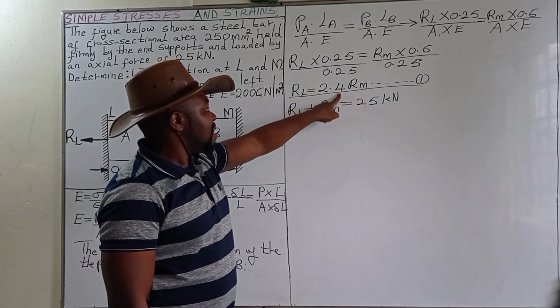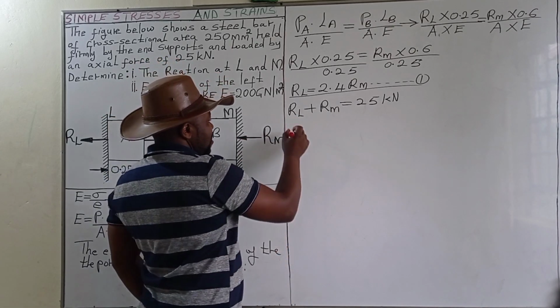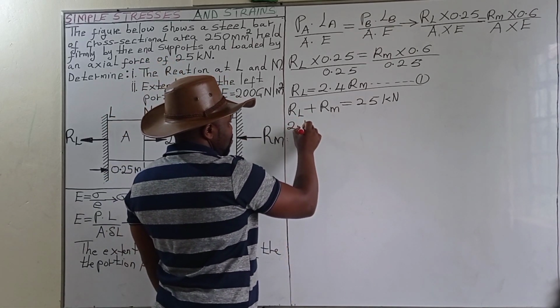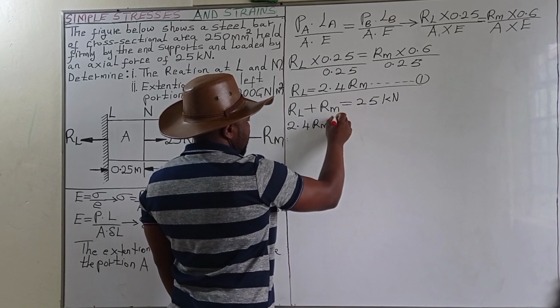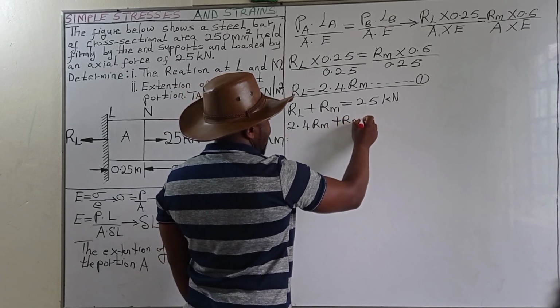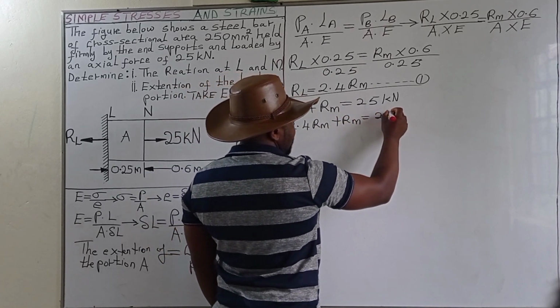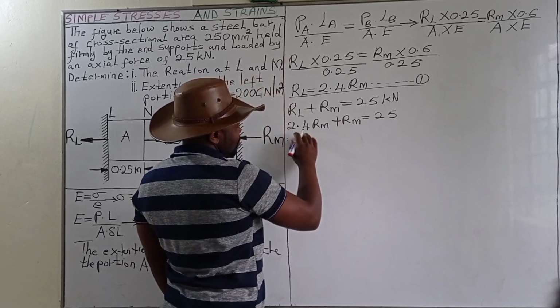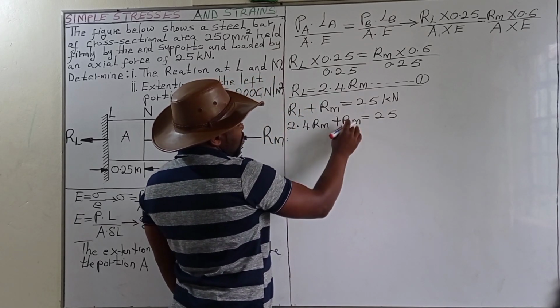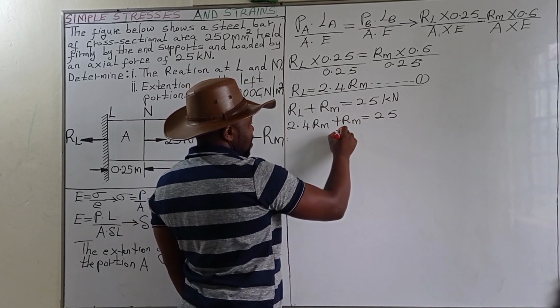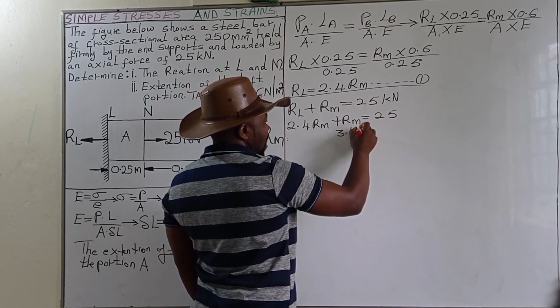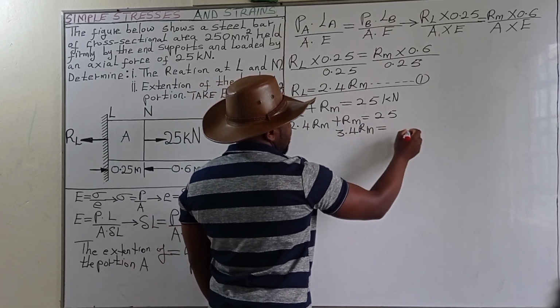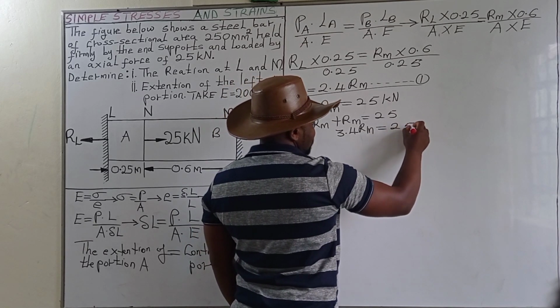So let's substitute this one here. And this is going to give us 2.4 Rm plus Rm being equal to 25 kilonewtons. 2.4 plus 1, that happens to be 3.4 Rm. 3.4 Rm is equal to 25.